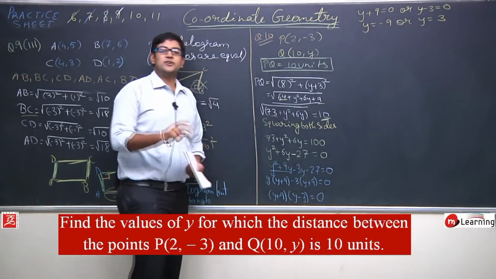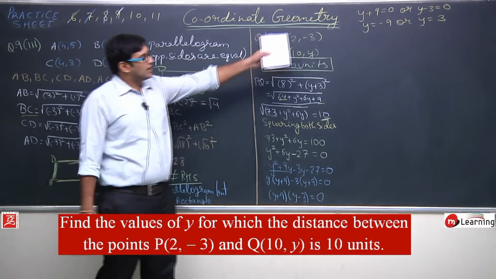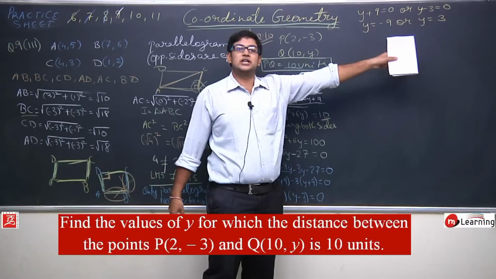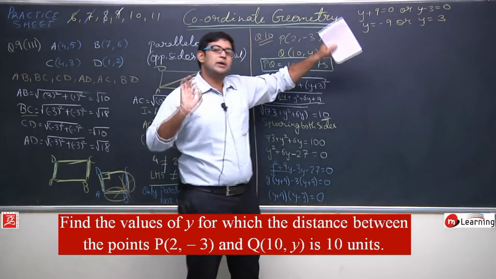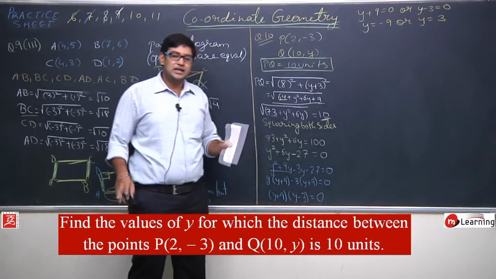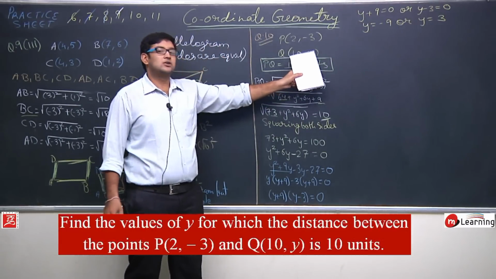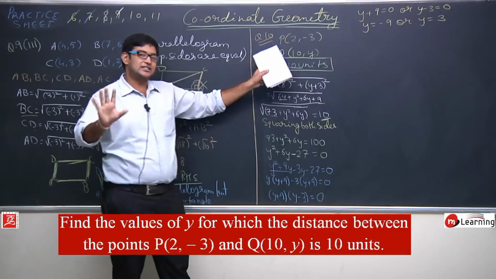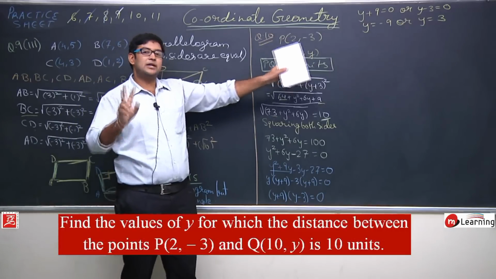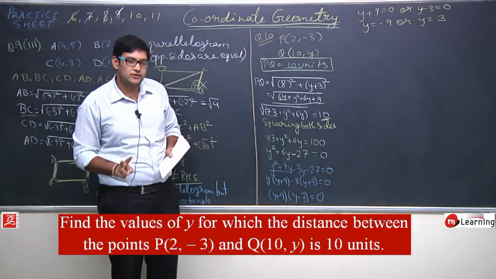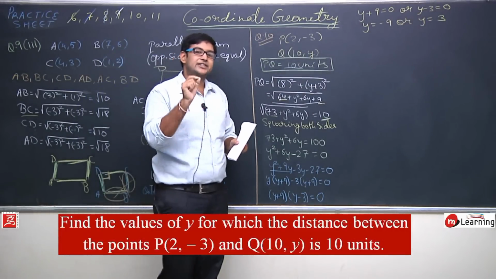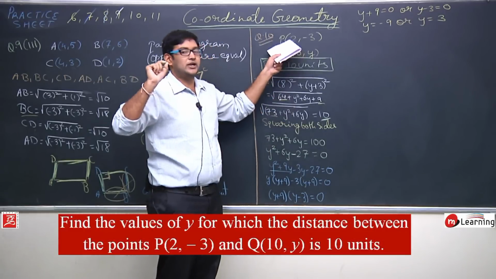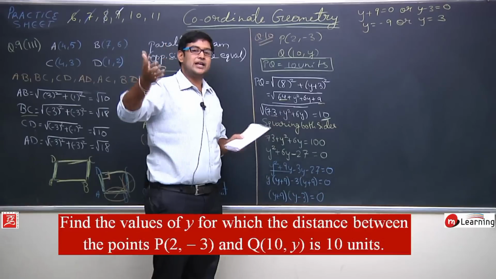So we have two different values of y, that is y equals minus 9 and y equals 3. Why do we have two values? Because there can be two different points. This x coordinate is fixed, that is 10, and this y can have two different values, for which its distance from this P point will be equal to 10 units.